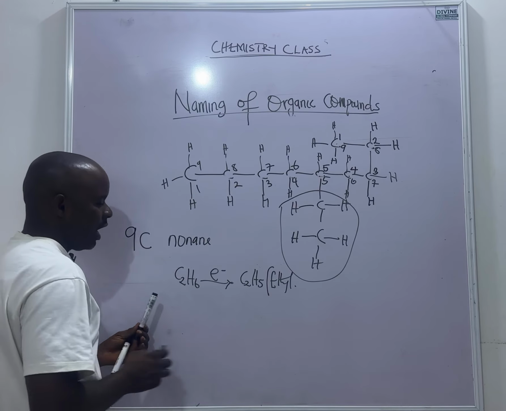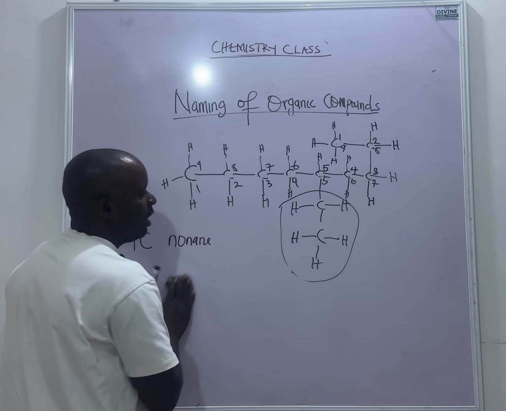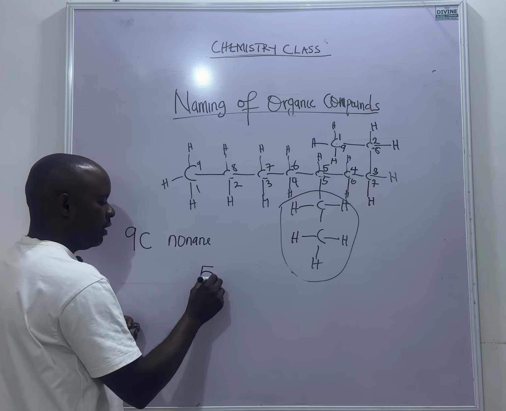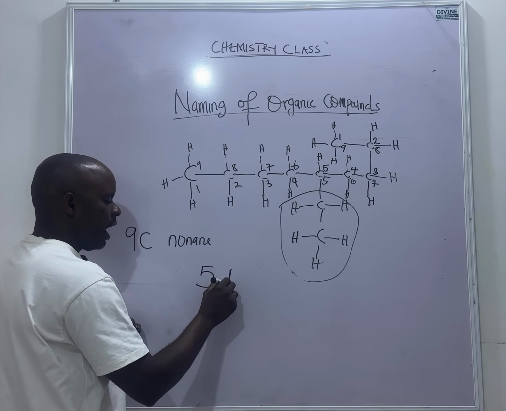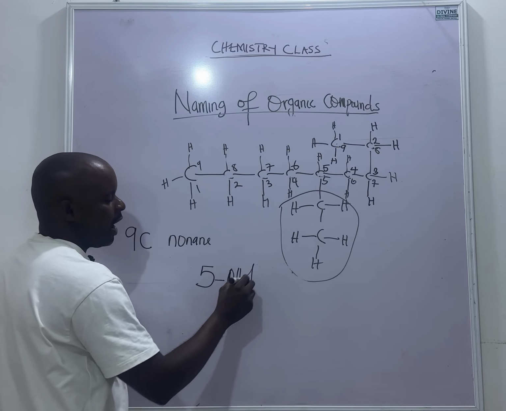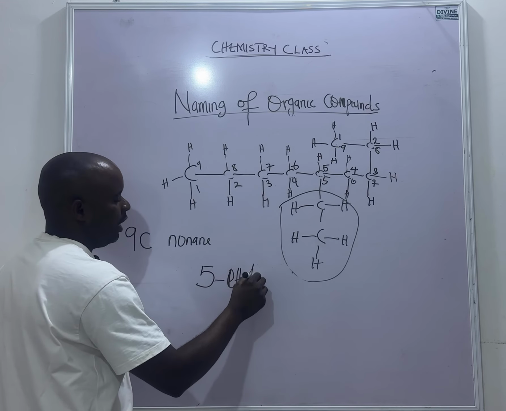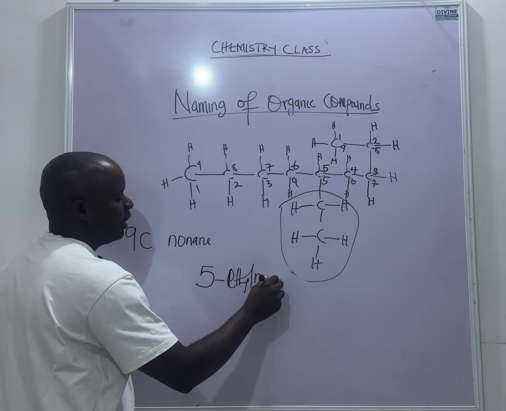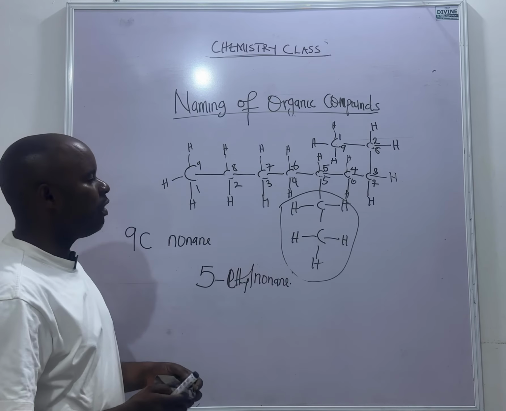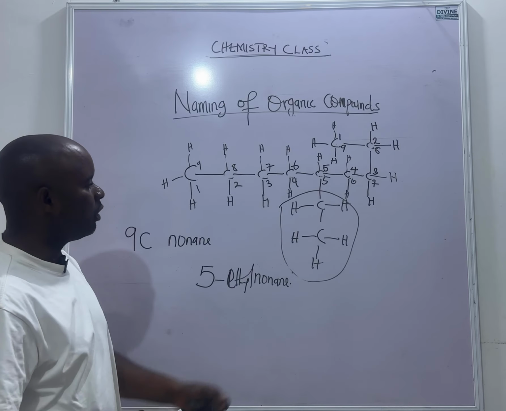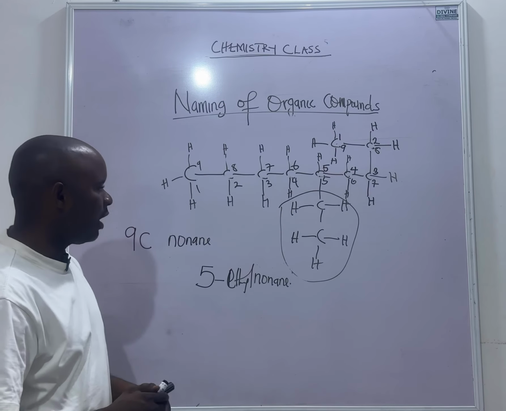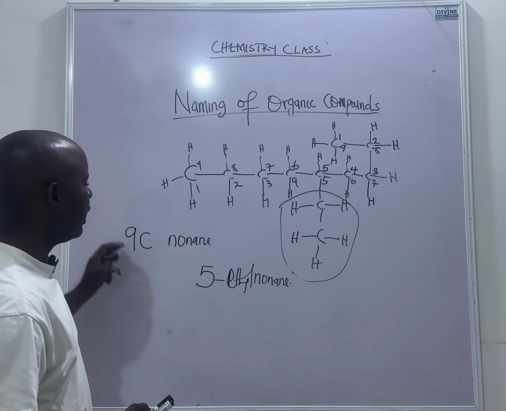We can say at carbon 5, this is a straightforward naming: 5-ethylnonene. Very simple. So I just gave this a long carbon chain so that you know the longest continuous chain we are trying to explain. We have spent a lot of time on this alkane family.